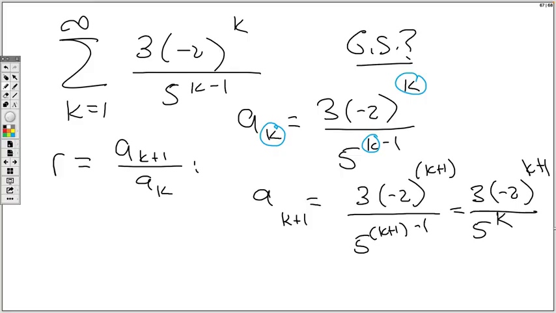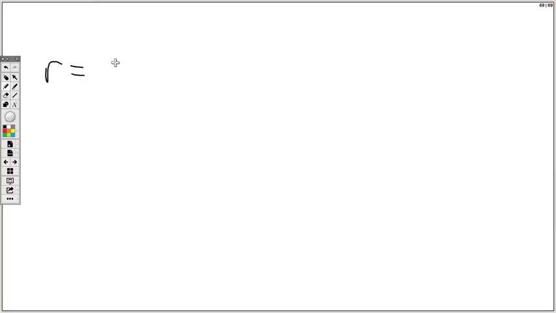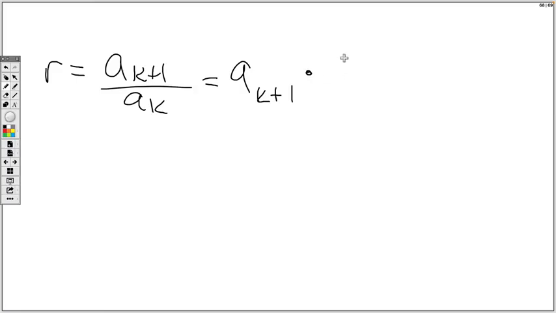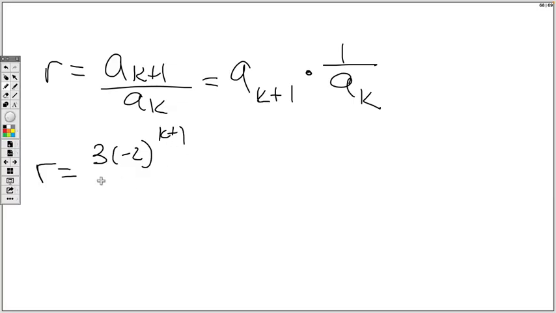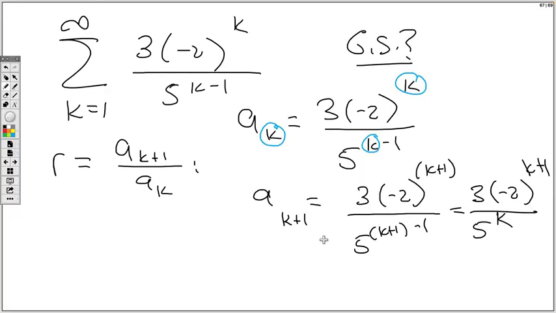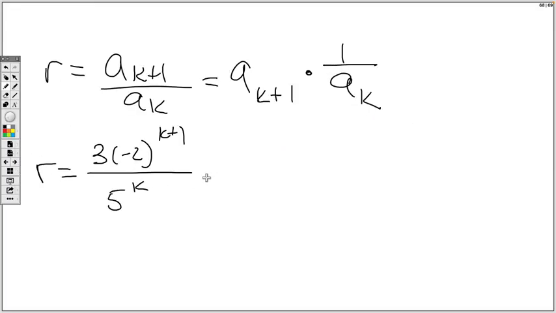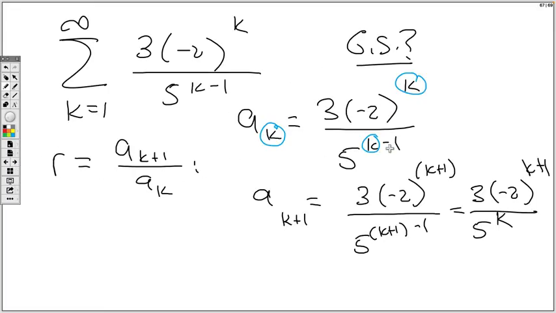Now, more often than not, when you're looking at these series, for geometric series, you're going to have fractions involved. And so a little tip here. Remember, when you divide two numbers, that's the same as multiplying the first number by the reciprocal of the second. So let's start with A sub K plus 1, times the reciprocal of A sub K. So I'm just going to flip this over.